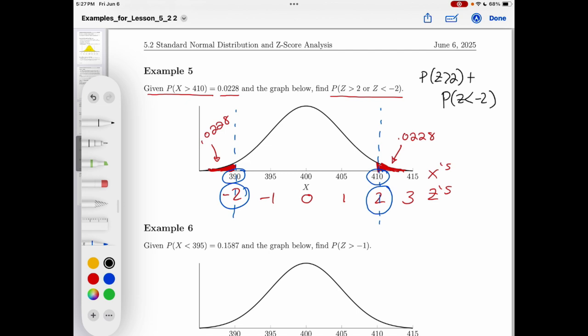So when I add up 0.0228 plus 0.0228, I'm going to get 0.0456.